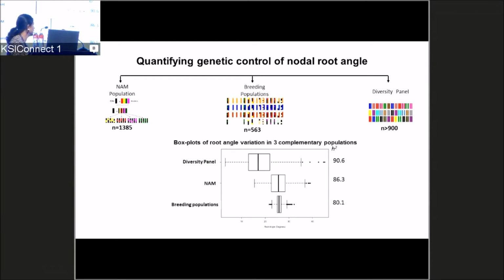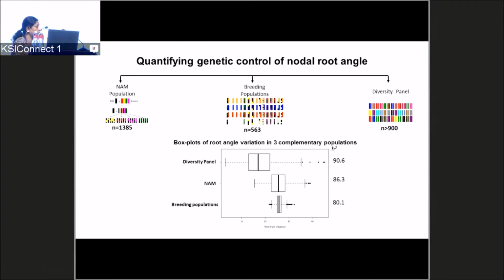You can see here the diversity panel has the widest variation, and this narrows down as we move from the diversity panel to more elite lines in the breeding population. The heritability is very high. The higher heritability for the diversity panel and NAM population explains the greater genetic variance observed.